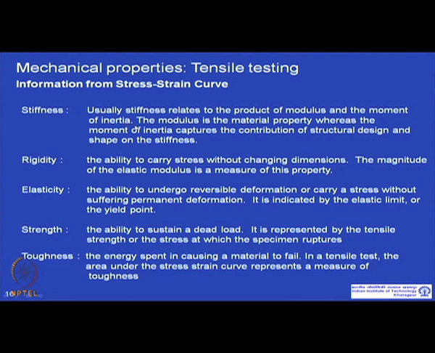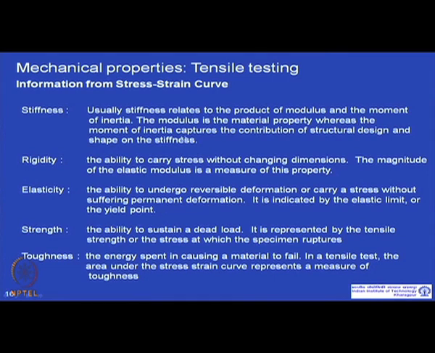Basically if you have a specimen, you try to bend it, and if you feel resistance to bending, you call the material stiff. That depends upon the moment of inertia, which is given by the shape and geometry of the specimen, and if you compare different materials of the same specimen, then the higher the modulus, obviously the higher the stiffness, the higher the resistance to bending.